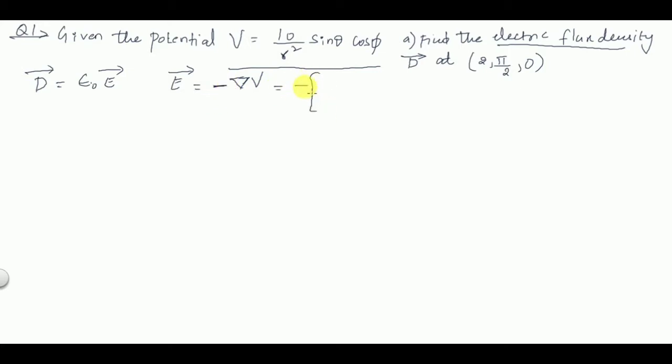Minus of dou V by dou R AR cap, plus 1 by R into, for the gradient formula, I have given you the formula in my basic classes, explaining how to write the gradient formula for all three types of coordinate systems. From there I have taken this formula.